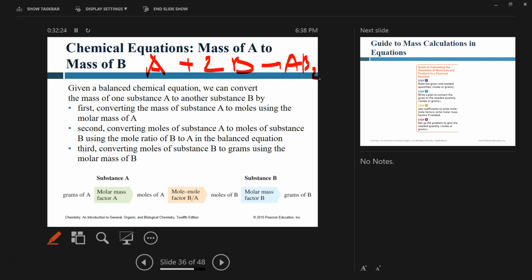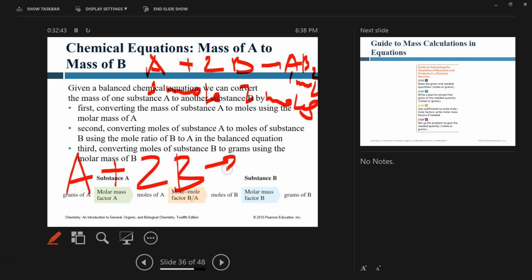So, 1 mole, 2 moles, 1 mole. You following me? A plus 2B gives you AB2.